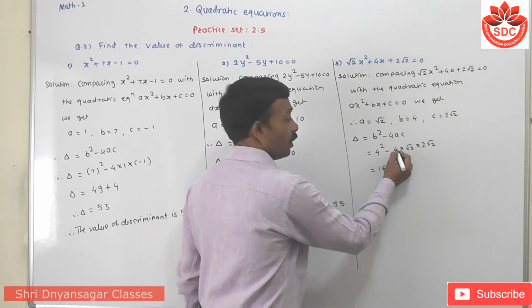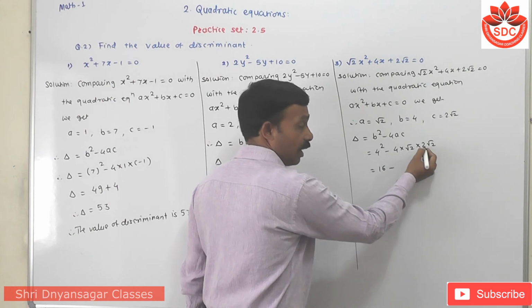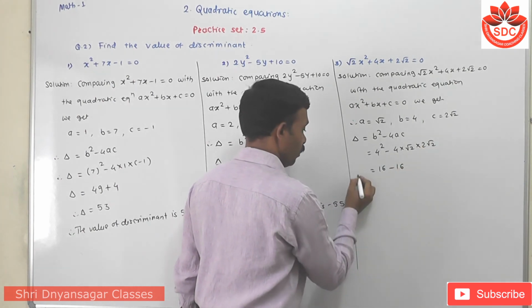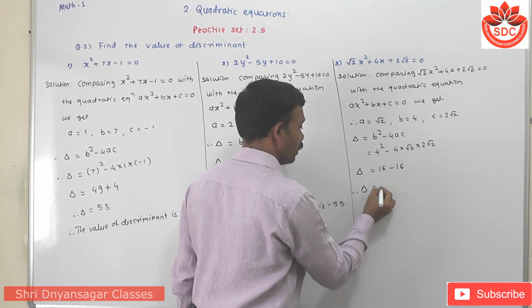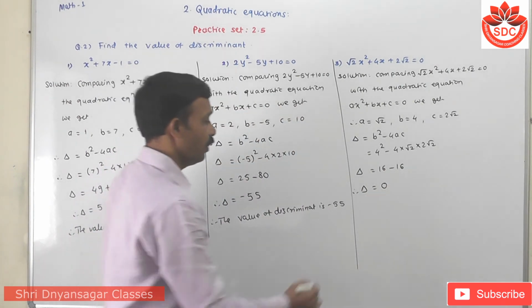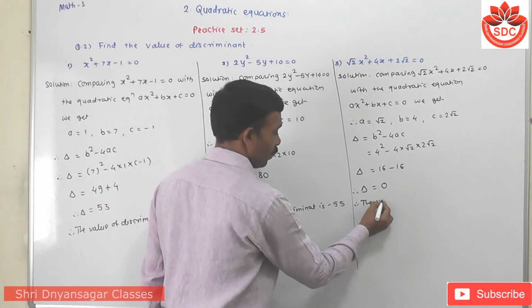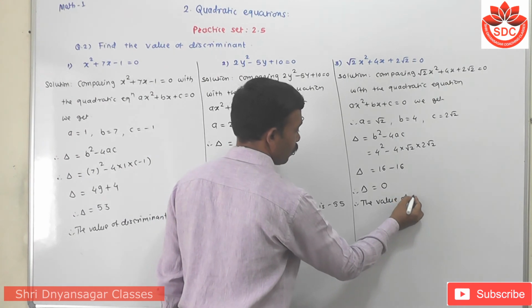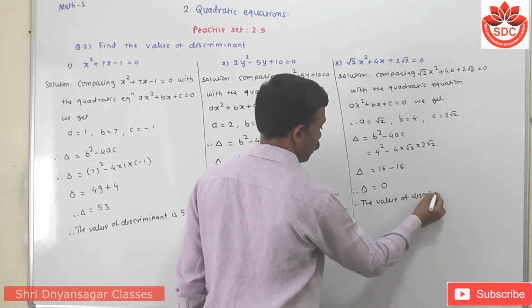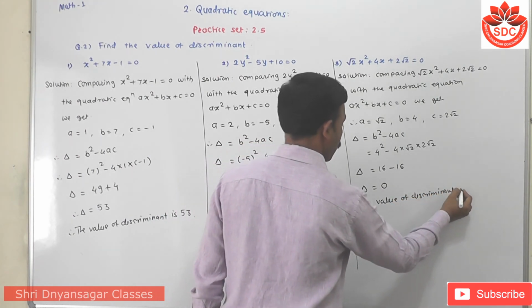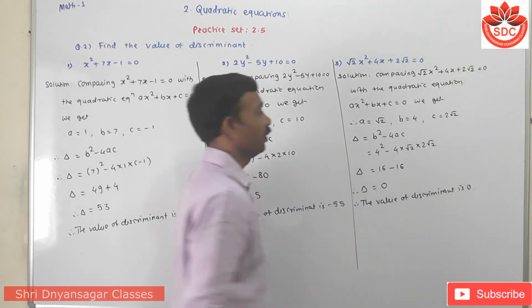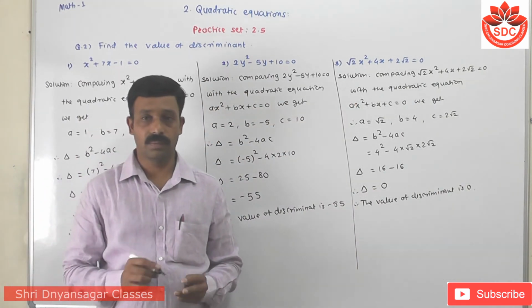So 8 into 2 becomes 16. Therefore delta is equal to 0. Therefore the value of discriminant is 0. Okay, then see the next question.